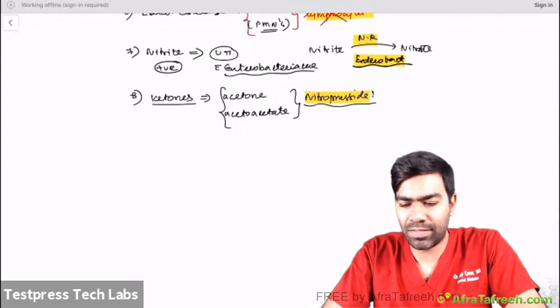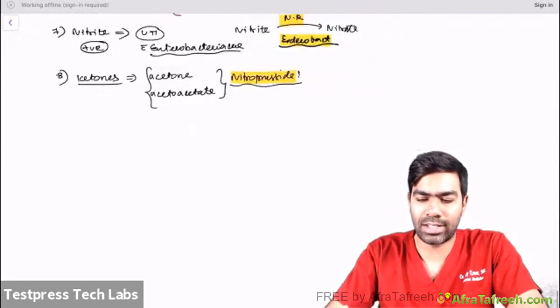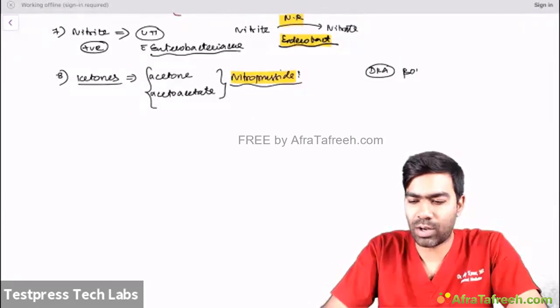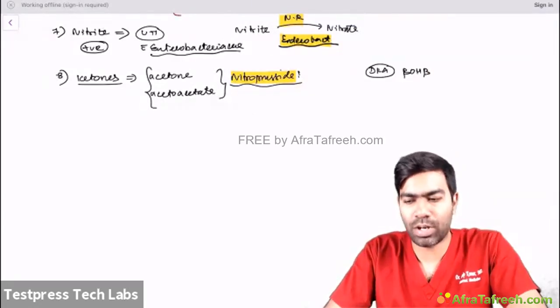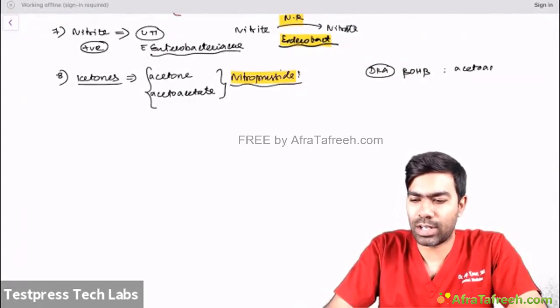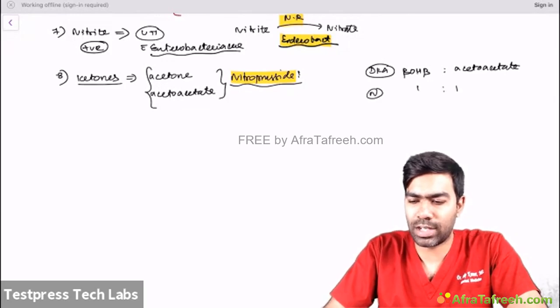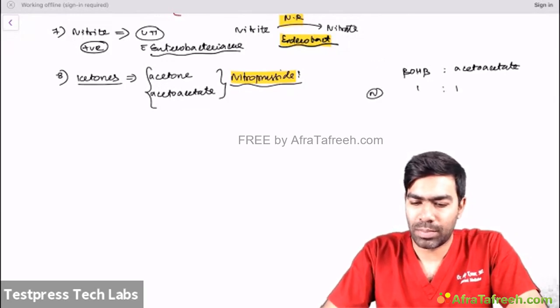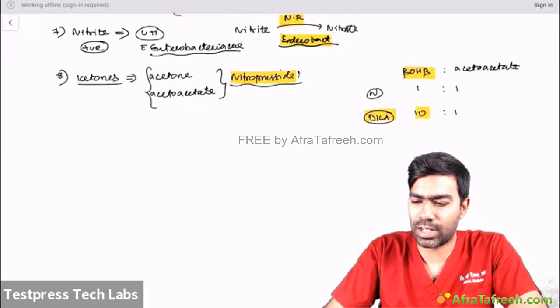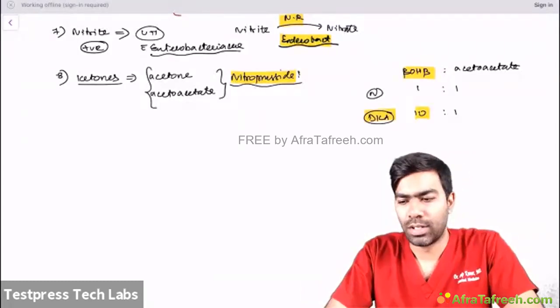Acetoacetate and acetone are basically inferior, and they don't reflect the exact value of ketones. For example, in a diabetic ketoacidosis patient, beta hydroxybutyrate is the most important ketone body. Normally, beta hydroxybutyrate to acetoacetate in the body will be in the ratio of 1:1. But in the setting of diabetic ketoacidosis, it becomes 10:1, which means beta hydroxybutyrate is the most important in ketoacidosis.